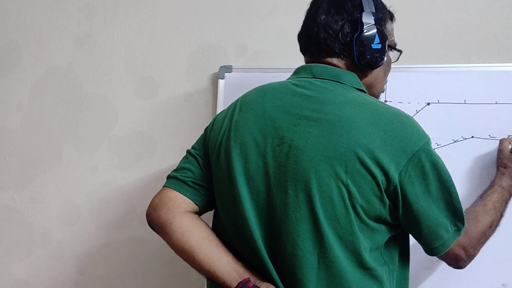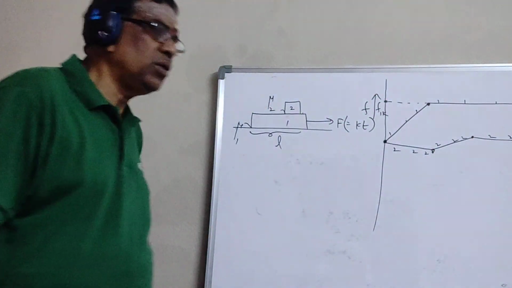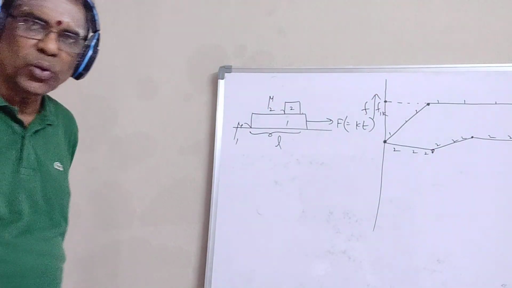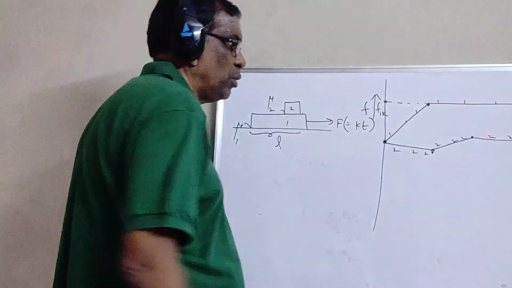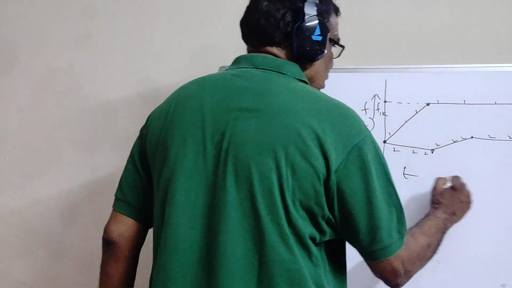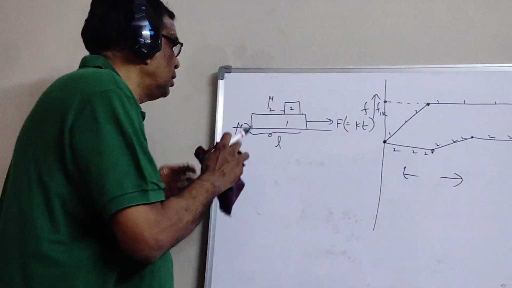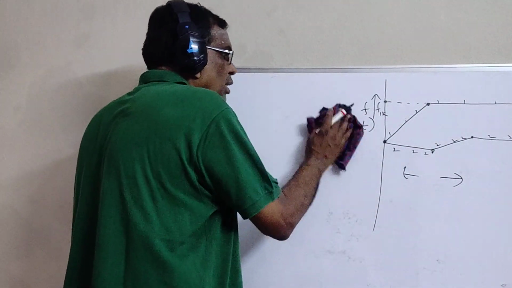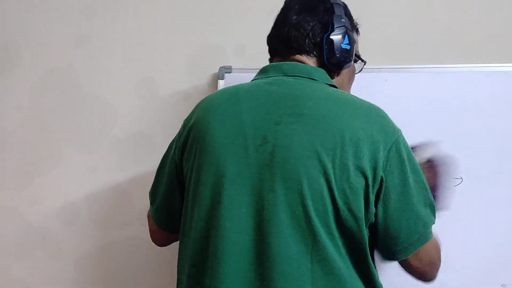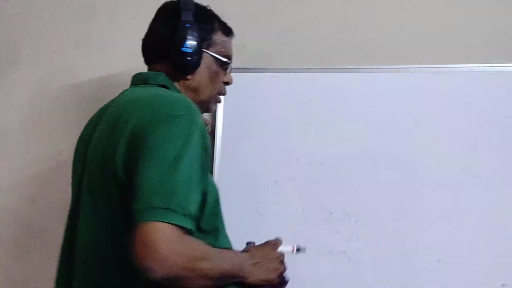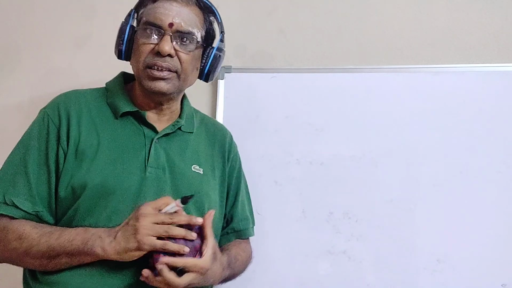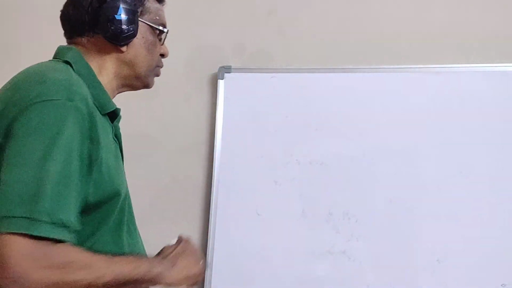So this is how your frictional force varies between the two bodies with time. This is what I tried to explain. Now I hope things are clear. You need to work on them twice or thrice in order to get a feel of it.